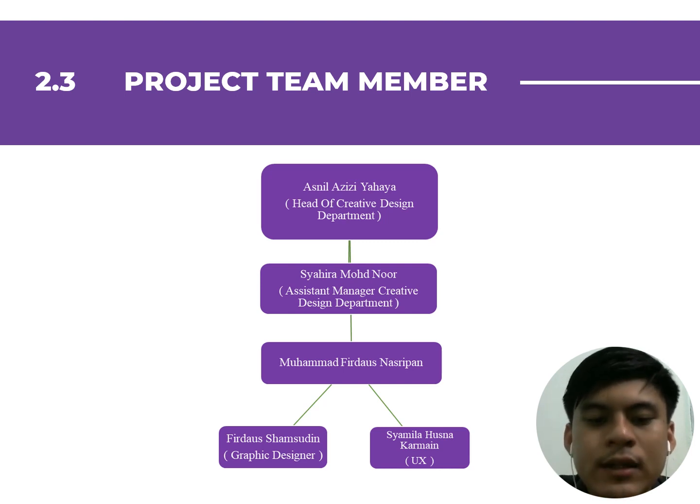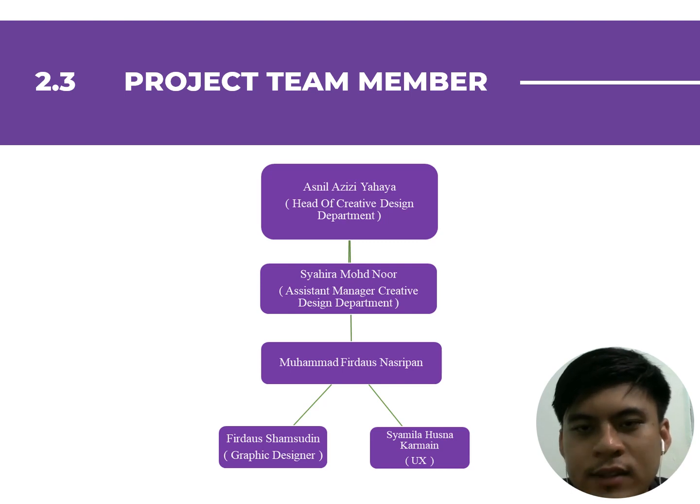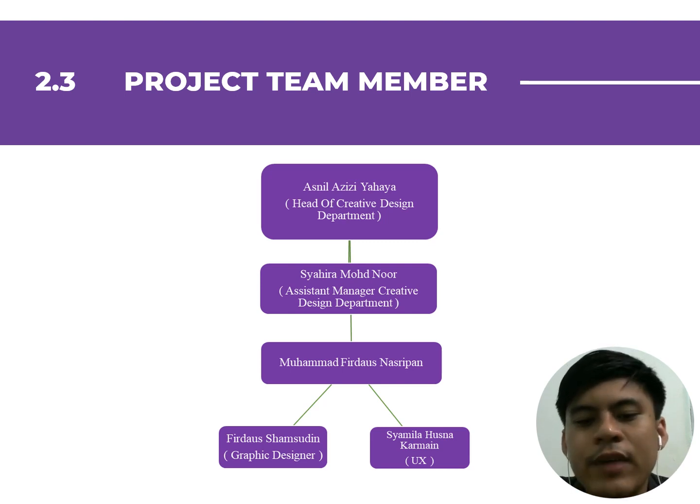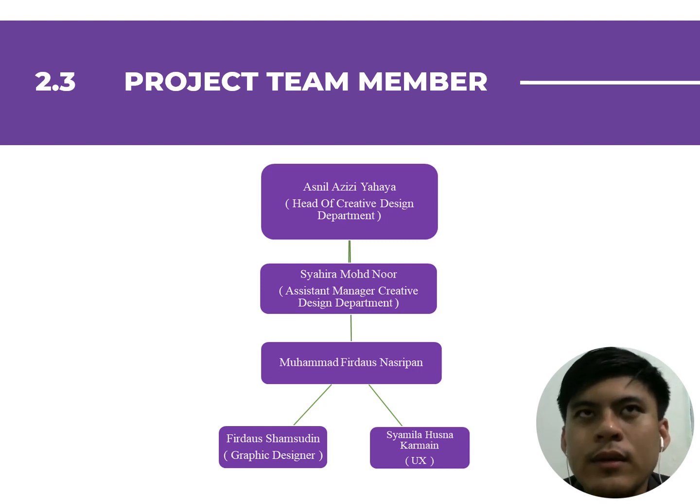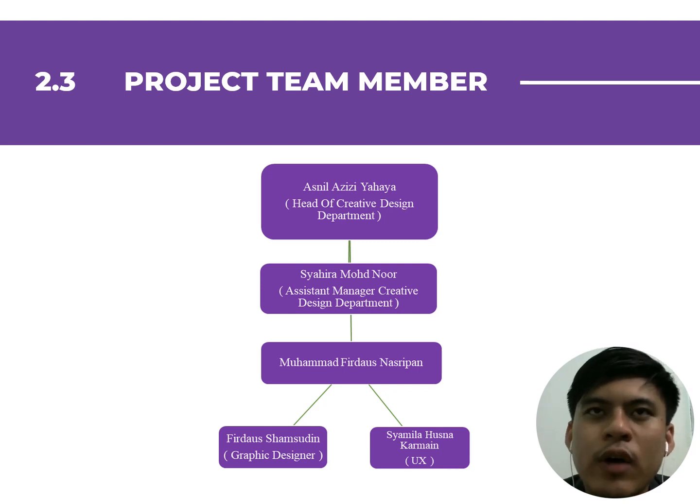Also my colleague Firdaus Samsudin as a graphic designer, helping with the Astra battery itself, and Shamila Husna Kamain as user interface, helping me to get to know how the 3D CAD can be used in the website or apps.